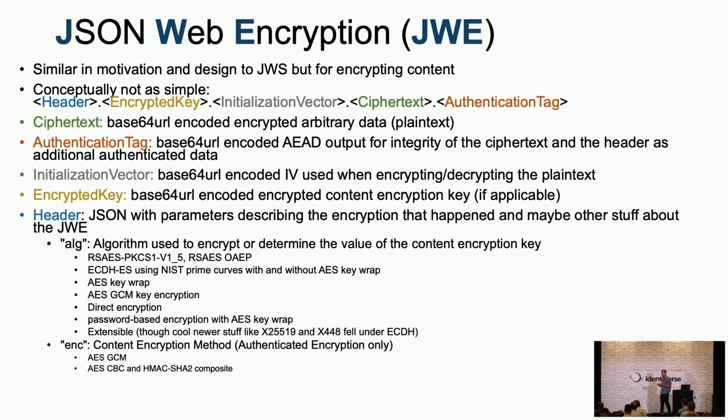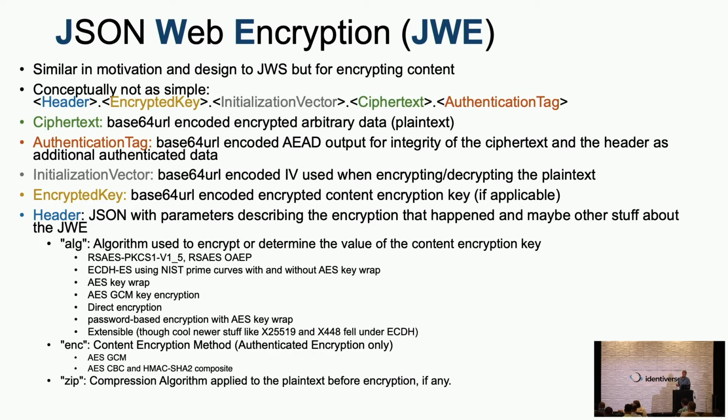CBC is not authenticated encryption, but the way the constructs in JWT work, it uses HMAC as well to build an appropriate authenticated encryption mechanism using what were at the time widely available crypto primitives. GCM is more widely available now, but when this stuff was originally developed, it wasn't available on a lot of platforms. So JWT offered an encryption method that was authenticated by constructing and using widely available lower level primitives.